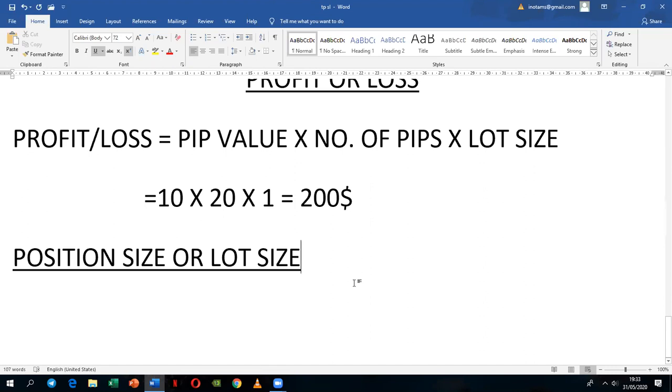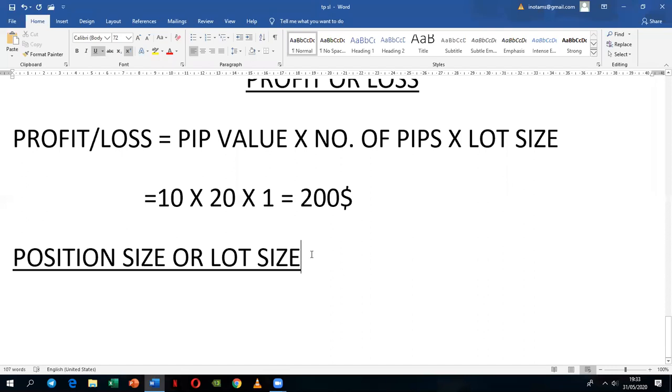So it's important to know the best lot size to use for your account. You don't just wake up and say, I'm opening one lot, I'm opening half a lot.